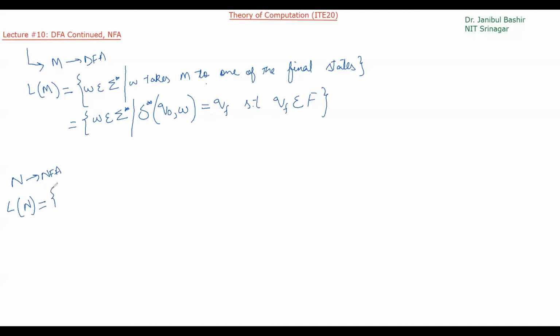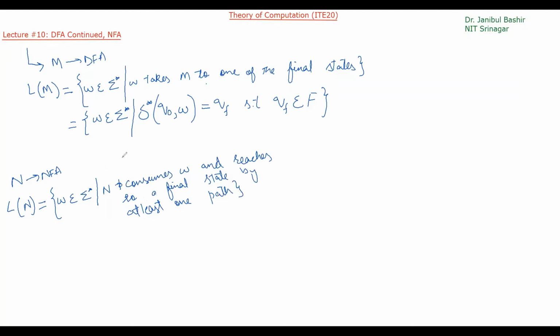The language accepted by an NFA is W belongs to sigma star, such that N consumes W and reaches a final state by at least one path. At least one path. So let me write it in this particular manner.